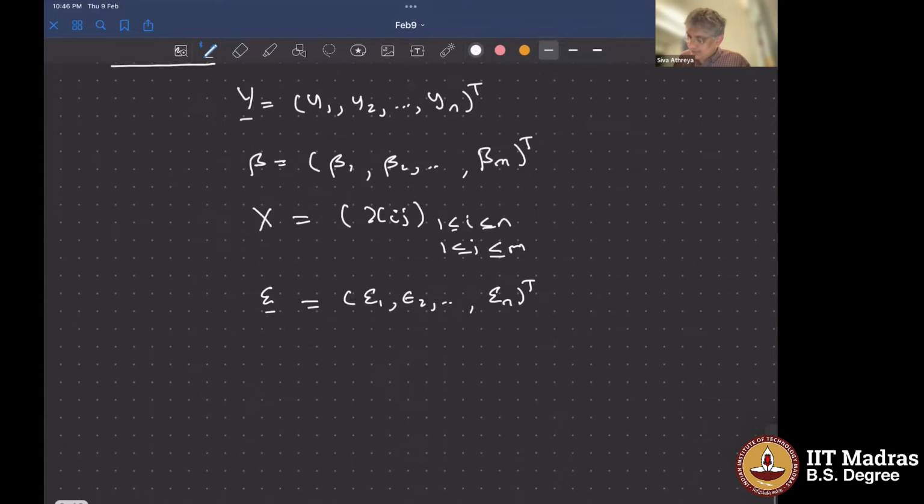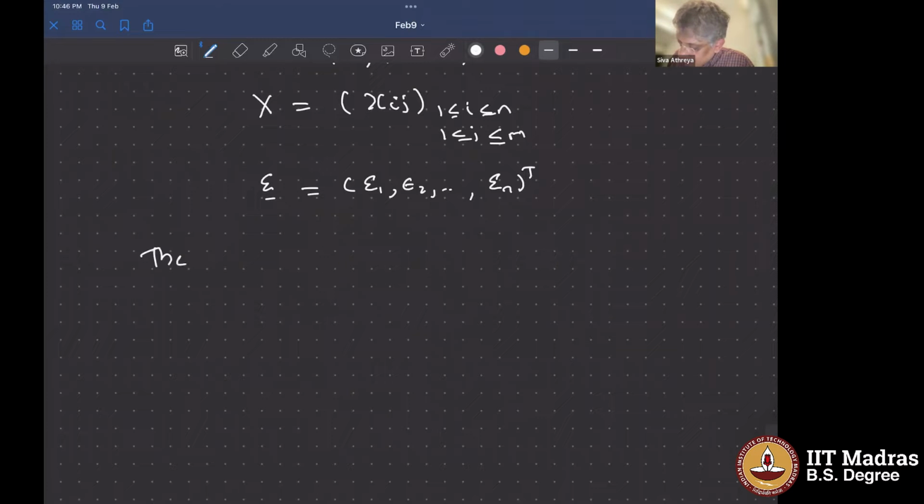And my model is y equals X beta plus epsilon. So y is an n cross 1 matrix, X is an n cross m matrix, beta is an m cross 1 matrix, and epsilon is an n cross 1 matrix.